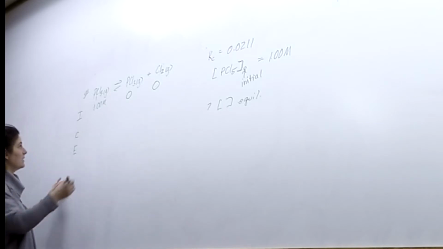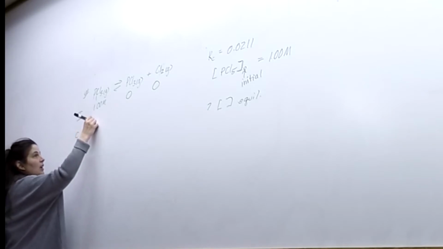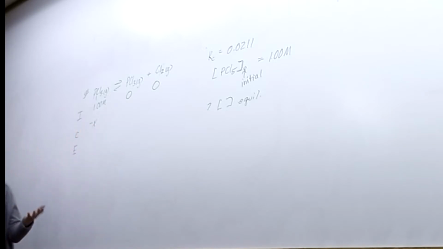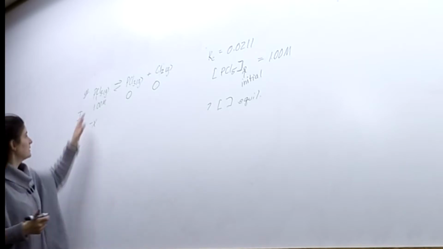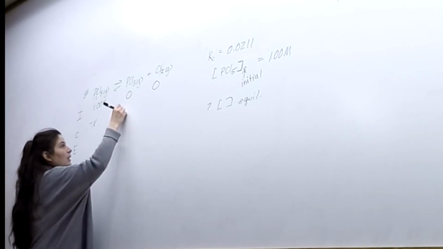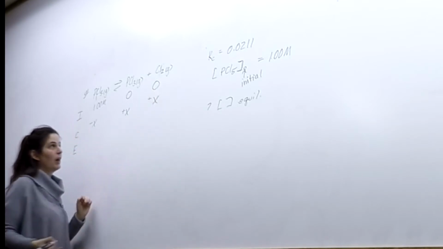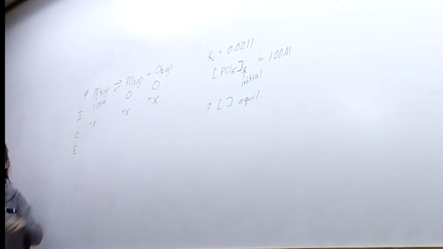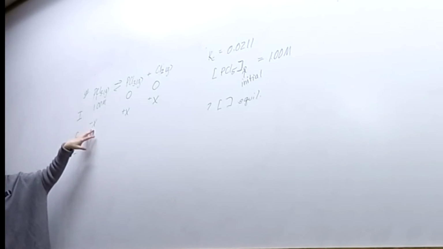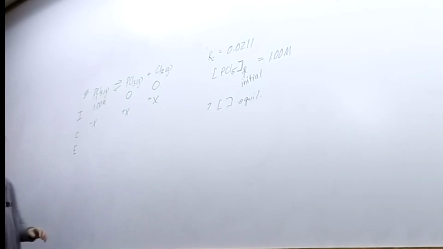As the reaction goes and hits equilibrium, we are going to have a change in concentration of our PCl5 of -X. That means that since all of our coefficients are 1, by the time it reaches equilibrium, the concentration of our two products will change by +X. So X amount of this is going to react, and X amount of these are going to be produced. So that's how we're going to set this up.